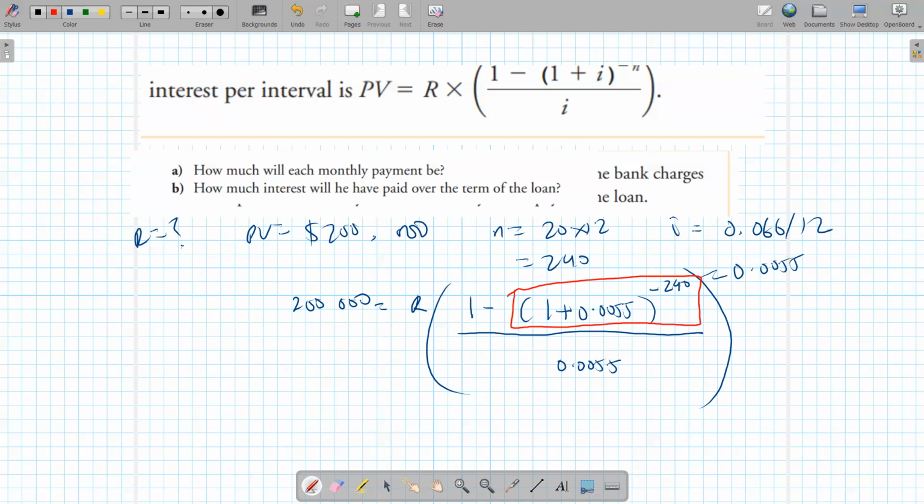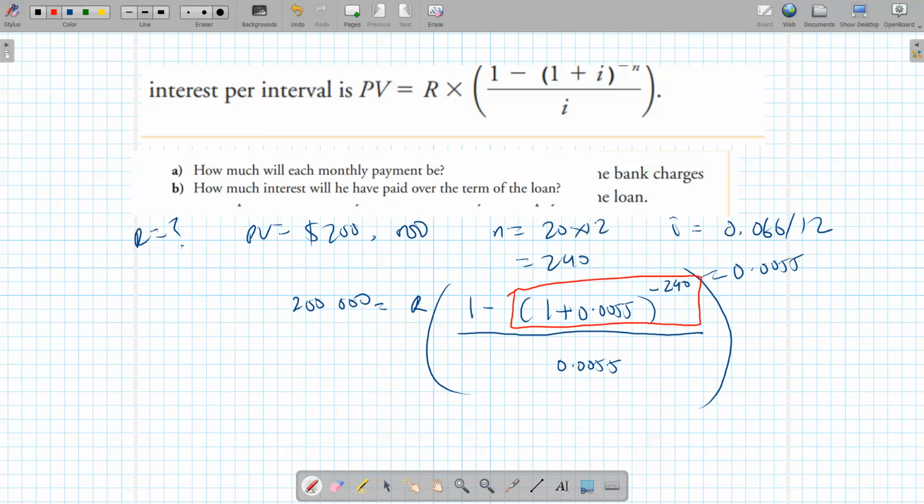I'll try again. I keep getting the same answer, and I put it in a bracket.